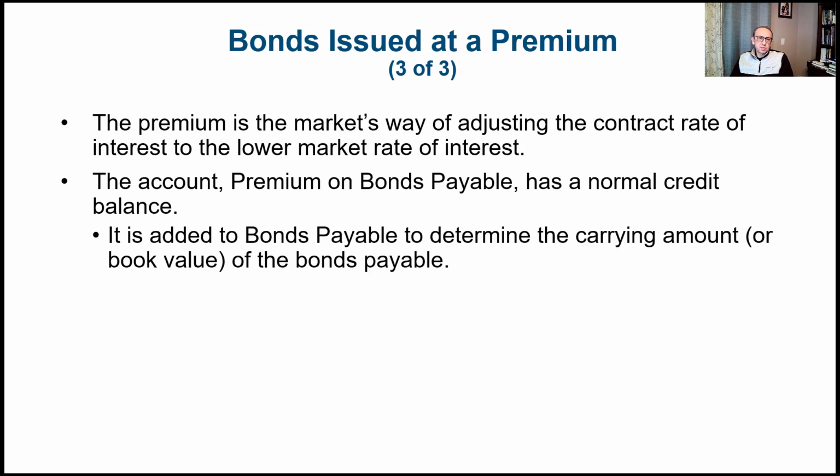So the premium is the market's way of adjusting the contract rate of interest to the lower market rate of interest. The account, premium on bonds payable, has a normal credit balance. It is added to bonds payable to determine the carrying amount or the book value of the bonds payable. So on the balance sheet, we're going to see bonds payable plus premium on bonds payable, and that's how we get the book value or the carrying amount of the bonds.